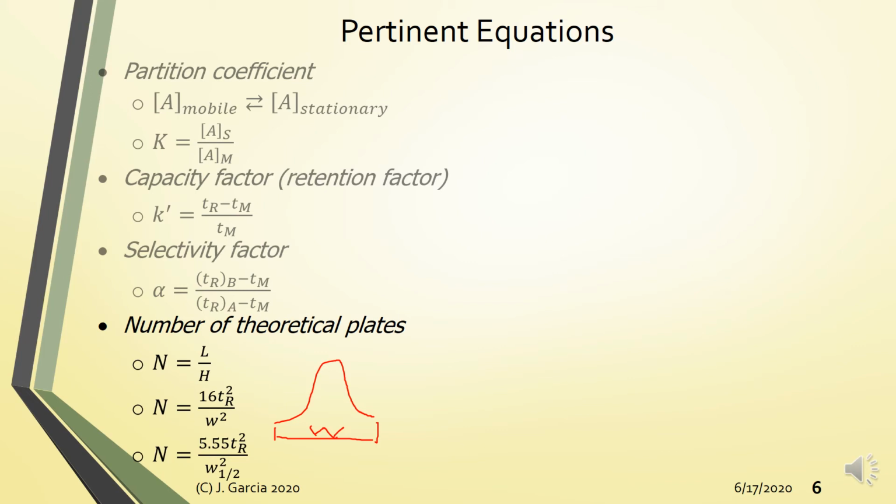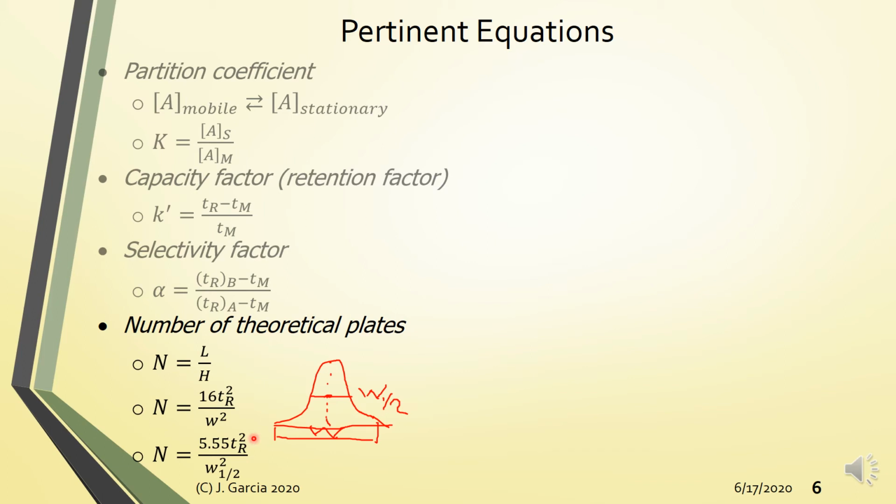But if you want to measure the peak width at half height maximum, you get the height of the peak, so the baseline can be easily established. You get the half, and then measure the width here. So this is your peak width at half height maximum. This is more convenient to measure. So just take note of this equation.